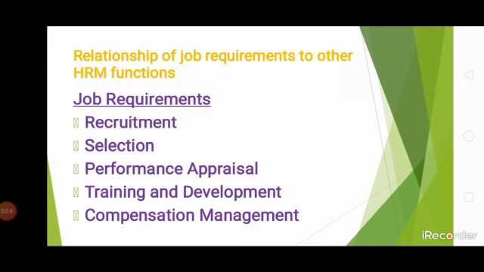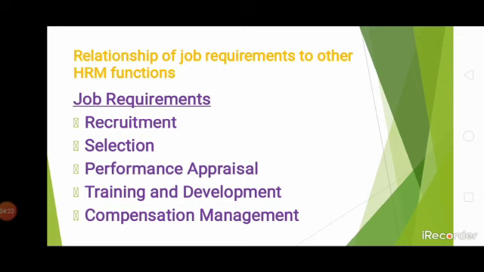Next, you are going to see about the relationships of job requirements to other HR functions. We have 5 sections, right? In job requirements, we have to concentrate on these things. First one, recruitment, selection, performance appraisal, training and development, compensation management. Let us see recruitment. Recruitment is determining the qualifications of a person or the employee.